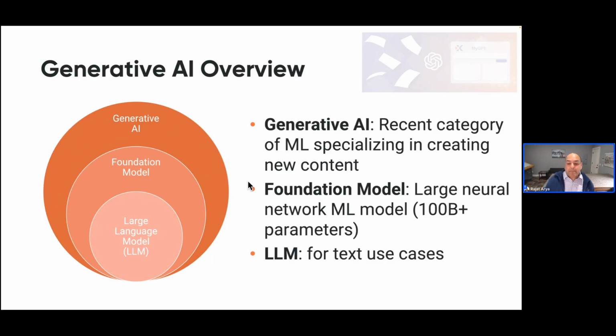Foundation models are a class of models. There are specific types of foundation models, and the one we'll use today is called a large language model. And you use a large language model for text when you want the model to generate text.